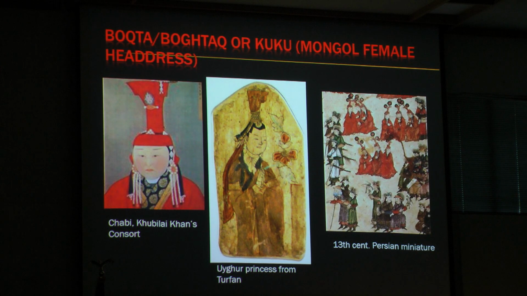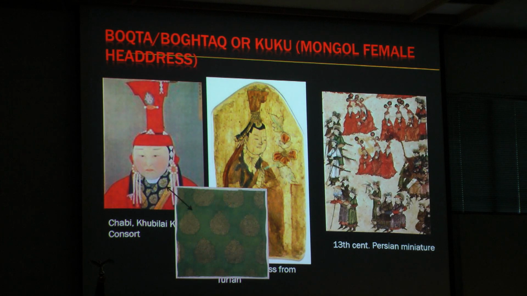But with no doubt the ladies of the Yuan dynasty, the Chinese and the biggest section of the empire, were those who used to wear golden brocade, like in this portrait of Chabi, Kublai Khan's wife, who, as we can see, wears a robe partially made with the jin brocade that I showed you before.